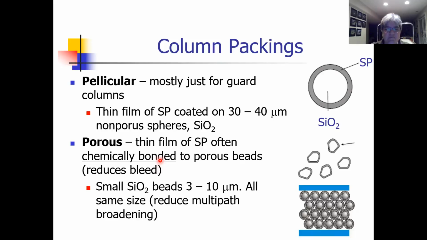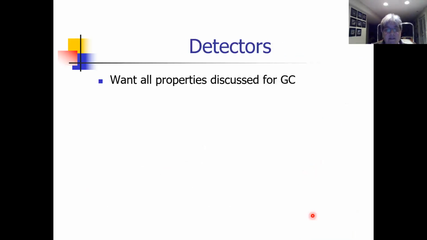Remember bleed? When the stationary phase comes off the column, we call that bleeding. So this picture, they're probably not going to be strange shapes like this. They're probably all going to be the same size, the same shape, and then we'll have the film on them so we can pack them nice and tight into that column, because we don't actually want holes in there to get a good separation. Okay, so that's the column packings.